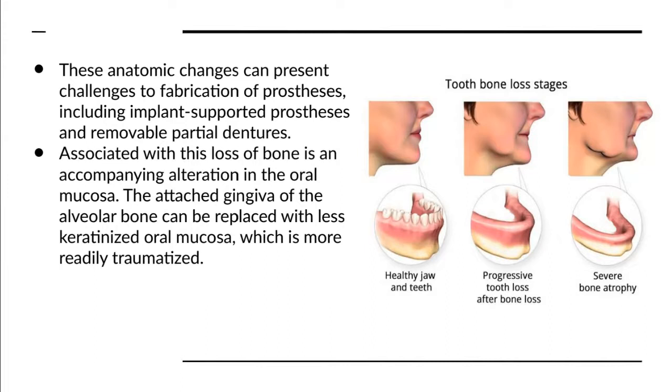So the areas which are orthokeratinized, like the hard palate, the mucosa which is there on the residual alveolar ridge, all these areas you can find orthokeratinized tissue. But in due course of time, because of heavy masticatory loads, this orthokeratinized layer becomes a non-keratinized layer, which is more readily traumatized, which is easily susceptible to trauma.